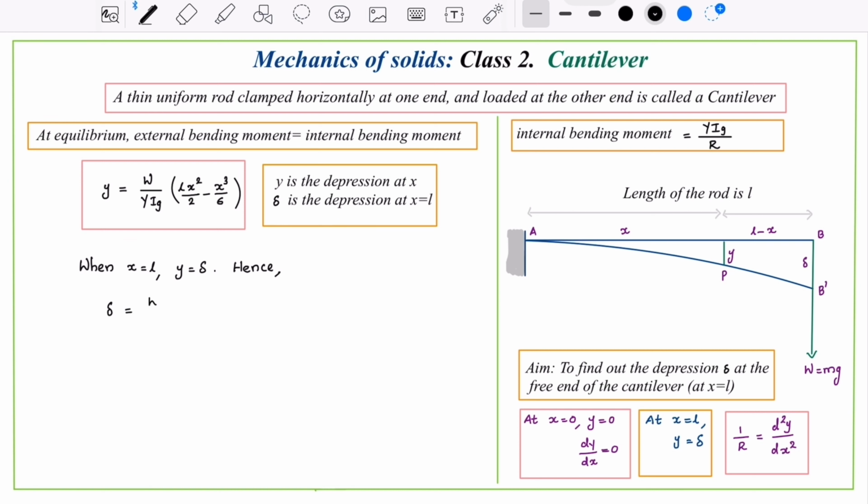Delta is equal to W divided by YIg into L, now substitute for x as L, L into L square by 2 minus L cube divided by 6.